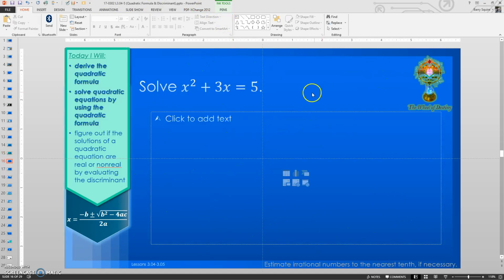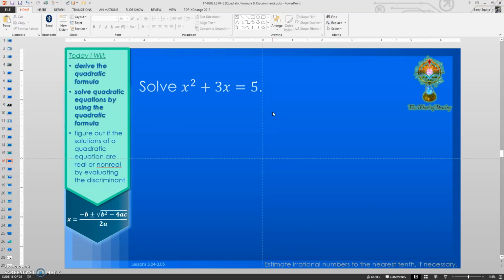So let's try one more. I'm going to write the ABC up top, I think, just take up a little bit less room. Here our A is going to be 1 because there's no coefficient there. So that's the invisible 1. Our B is going to be positive 3. Oh my. Well, our 5 is in the wrong place.